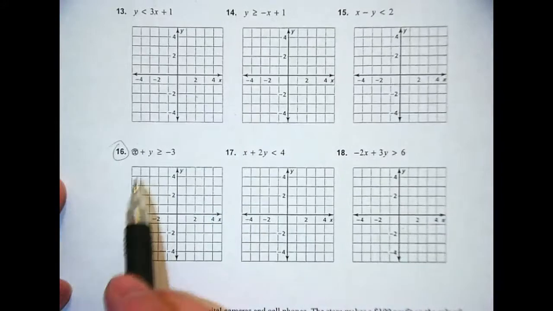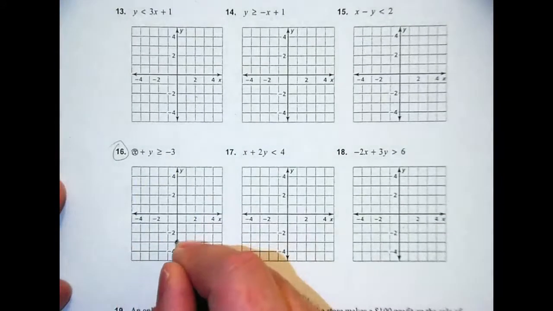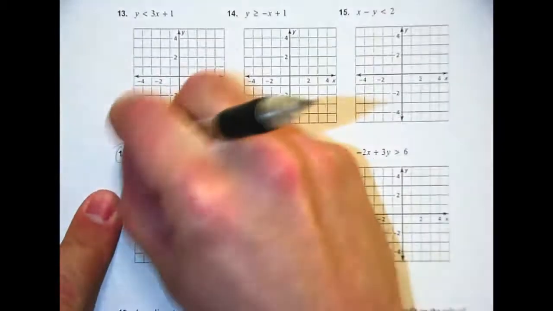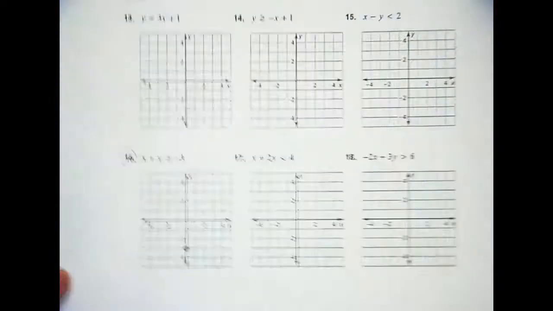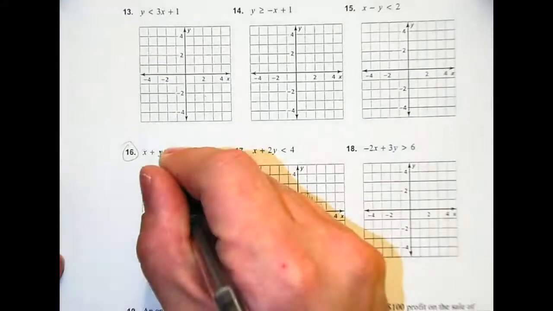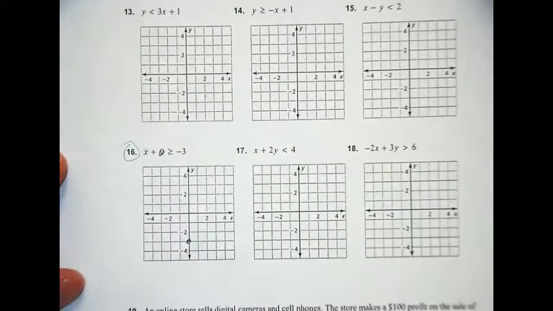What's left? Negative 3. The y-intercept's negative 3. How do I find the x-intercept? The x-intercept is when y is 0. So what's the x-intercept? Yeah, negative 3.